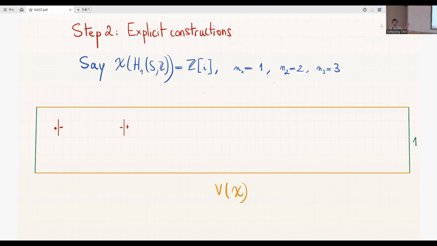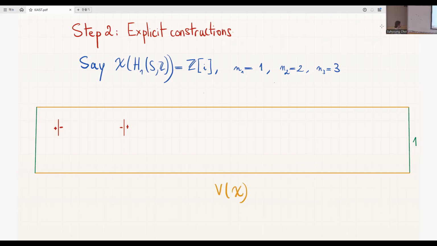So this creates a handle on my torus, and the angle around this point is 4 pi, because this point is identified with this point. So I have created a branch point of order 1. But I have actually created two branch points of order 1, so I'm not really happy because I wanted my second branch point to be of order 2.